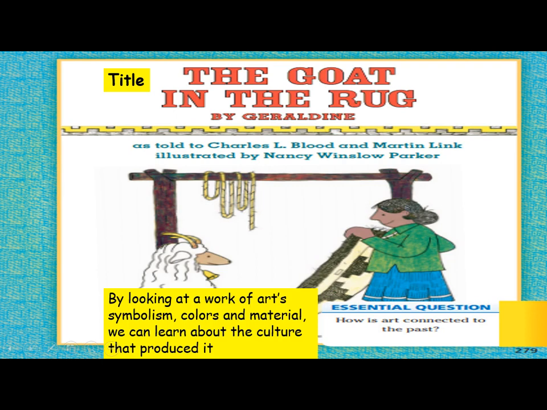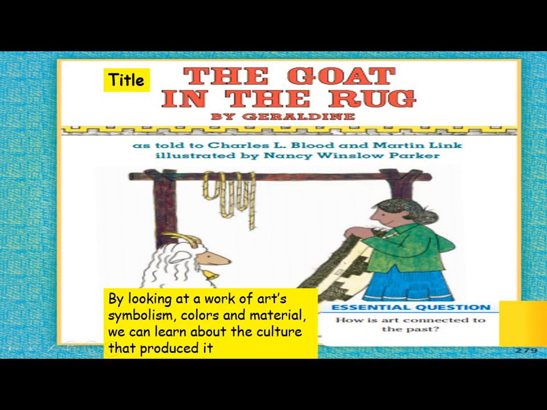This is the first character, as you can see here, and this character is telling us the story. This is why it says "as told to Charles L. Blood and Martin Link." These are the two authors. Illustrated by Nancy Winslow Parker, she's the one who drew all of these amazing drawings.